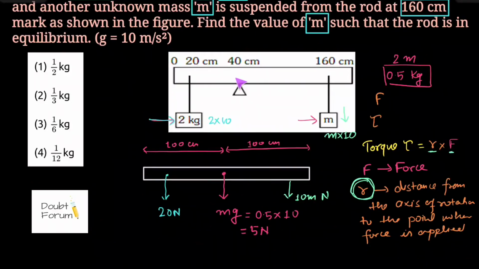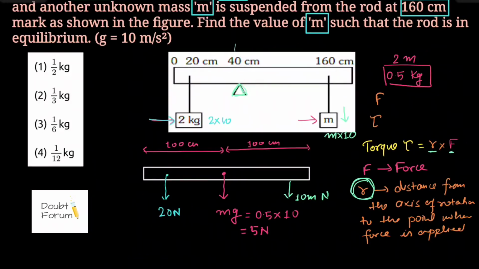As we can see, this rod can rotate at the point where this wedge is placed. So this wedge would be its axis of rotation, because this rod can rotate about this point. So we have to mark the point where the forces are acting from this wedge point.